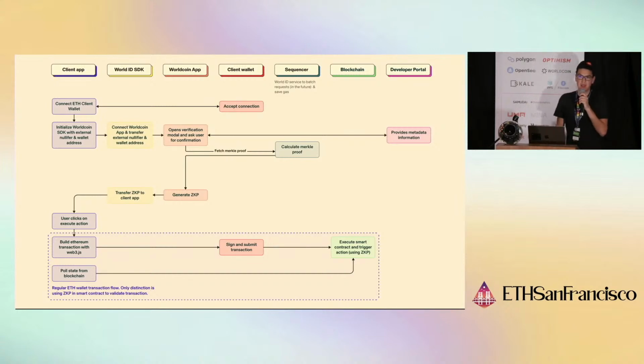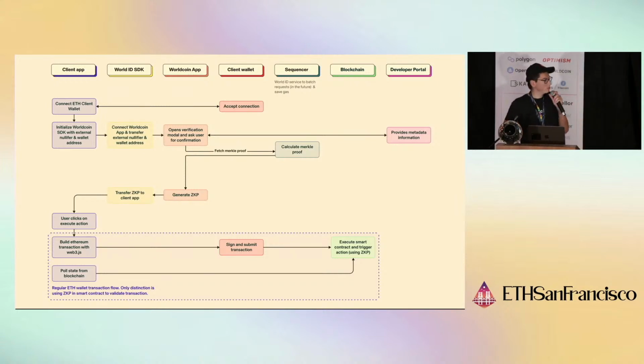The other piece is the Worldcoin app will generate this zero-knowledge proof, give it back to your application, and now your application needs to verify that the zero-knowledge proof is actually valid. So to do that, the application needs to call our smart contract with the proof and say, is this user actually verified or not? As an alternative, if you're not building something that's on chain, we have an API that abstracts all of this, and you can simply do a traditional REST API request, and we'll call the smart contract for you.